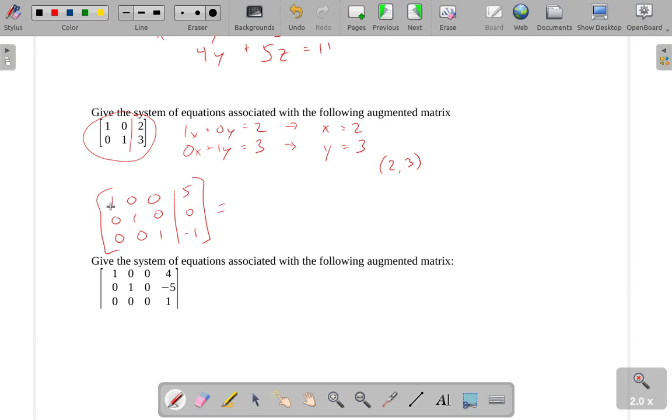This first equation would be 1x plus 0y plus 0z equals 5. In other words, x equals 5. In the second equation, you'll notice the only thing that's non-zero is the y, and it's 1 times y, so we get y equals 0. And this third line would be z equals negative 1.